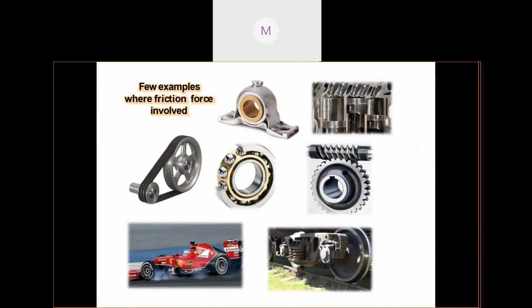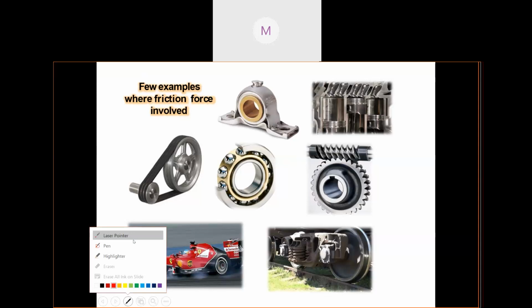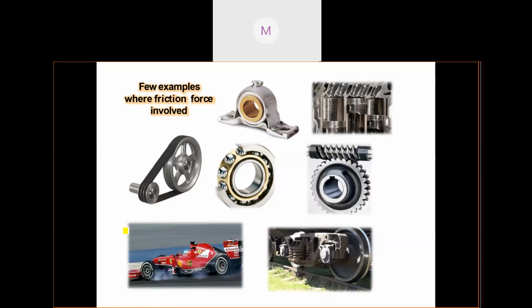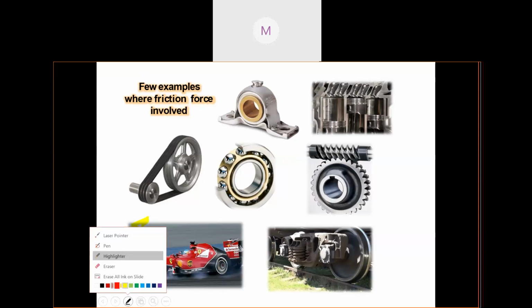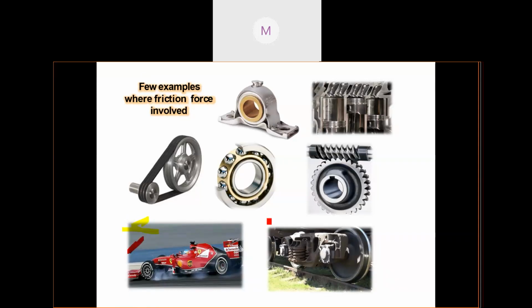Now there are certain examples where friction is involved. If you look at the bottom two things, this one is a car, and this one, look at the brakes of the rails. Here friction is involved. Between the railway track and the wheels there is friction. Now if this F1 car is driving, here it is friction, here it is friction.